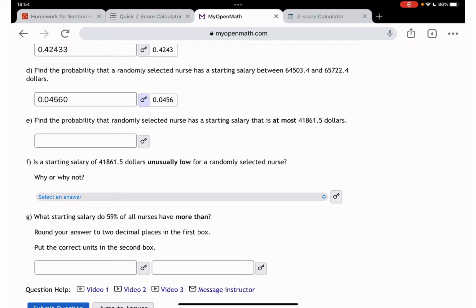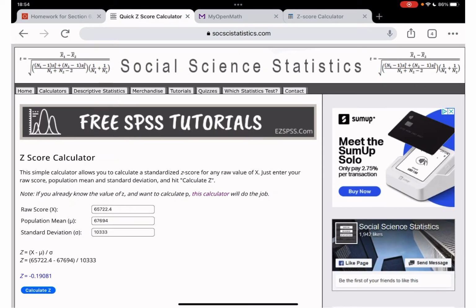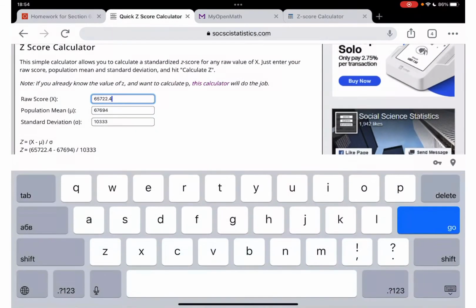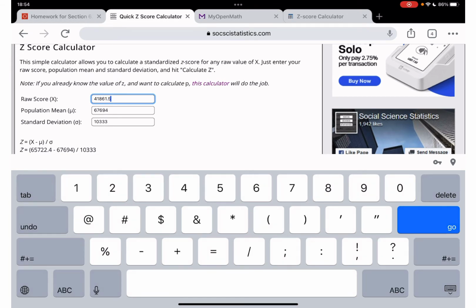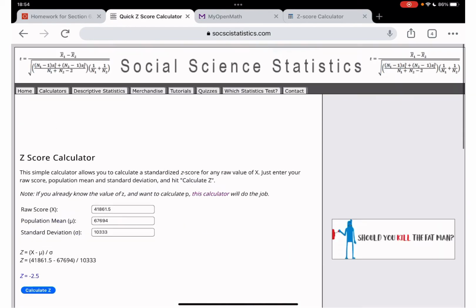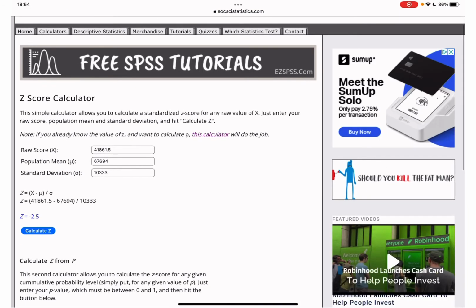So next one, at most. So find the probability at most, which means at most either this amount or less. So the same way you are going to do calculation. So let's copy this. Okay, doesn't copy decimal. I'll add it. Paste. 0.5. It's going to be negative 2.5.